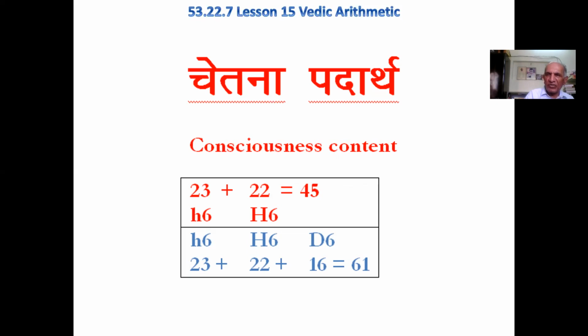One may have a pause here and take note that the Vedic arithmetic goes a step ahead and also takes into consideration the content itself. So 6-space content is a D6, then both distinct units, bodies of 6-space. All these three constituents make a value 61.